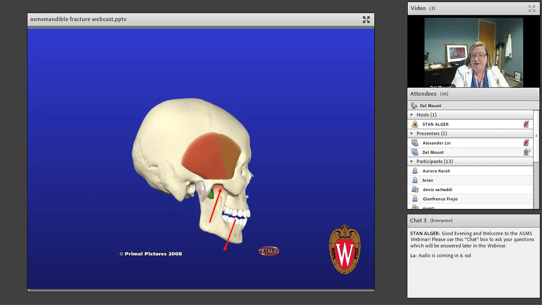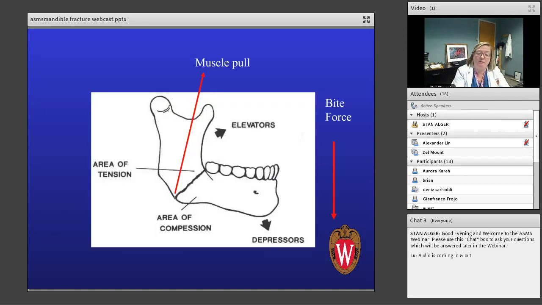So normally after a mandibular fracture reduction, we're going to try to control for the bite force by having them on a modified diet, right? And we're going to definitely try to control for the muscular force by plating out to length and making sure we've got adequate reduction. So again, this is kind of a schematic showing the muscle pull and then the bite force pushing down.